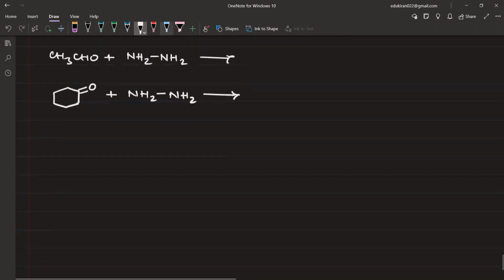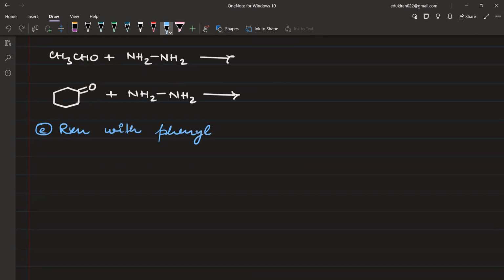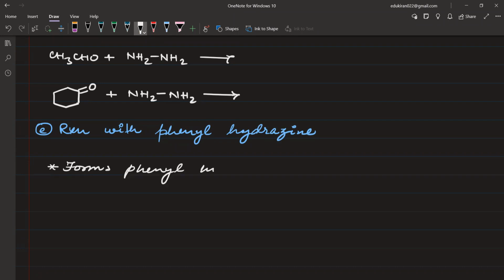Write the E case. Phenylhydrazine forms phenylhydrazone.